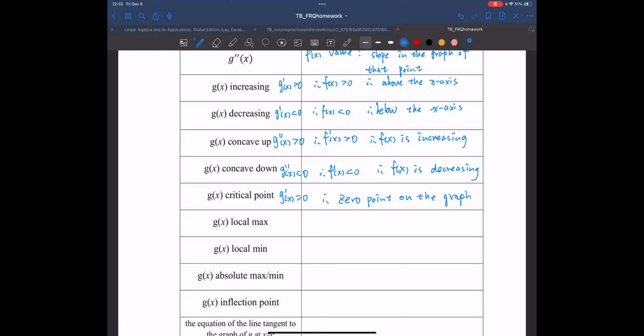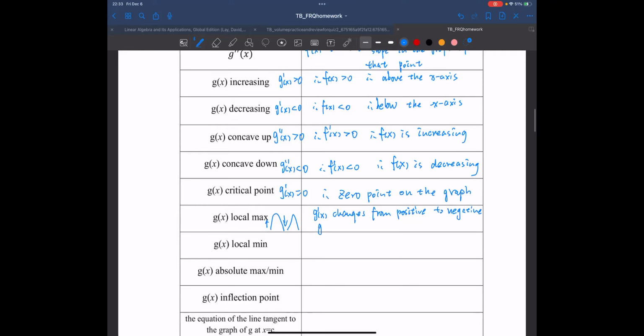And about the local maximum. For the point of local maximum in g of x, we can see the graph looks like this, right? So we can see it goes from increasing to decreasing. So g prime changes from positive to negative.